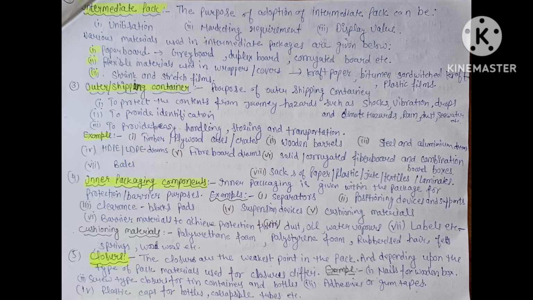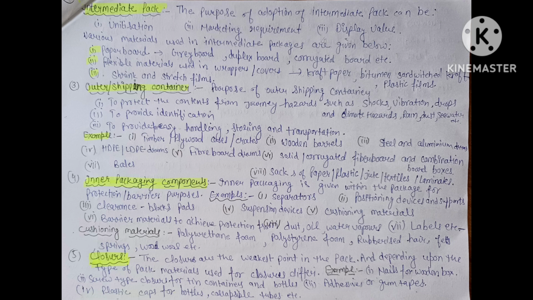Cushioning materials. Cushioning materials are made from polyurethane foam, polystyrene foam, rubberized hair, felt springs, wood, wool, etc. Closures.